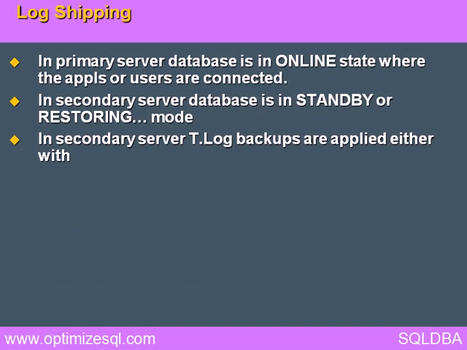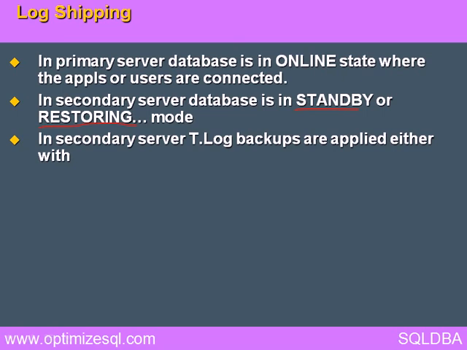In the secondary server, we can put it either in standby state, if you want report generation from the secondary server, or in restoring state. We have already seen, if it is in restoring state, no reading and no writing are allowed, but it can maintain both committed as well as uncommitted transactions.